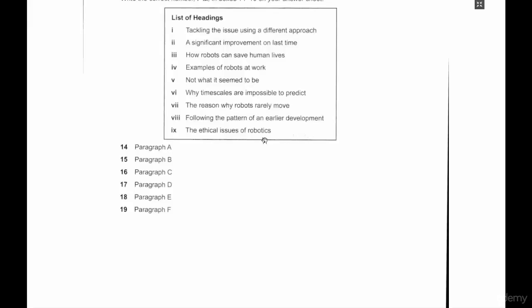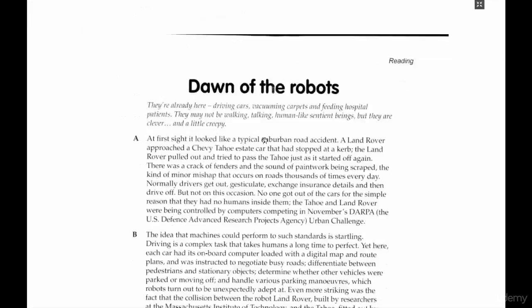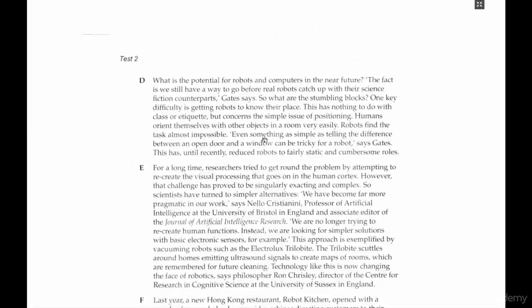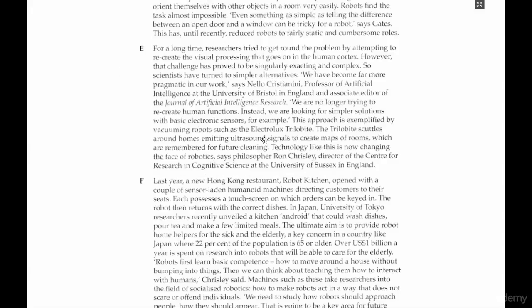What is the paragraph about? What is the paragraph talking about? You don't have time to read the whole paragraph, right? There's no time. You have to finish an entire reading passage in 20 minutes. There's no time to go and read the whole thing, and it's not necessary. All right.